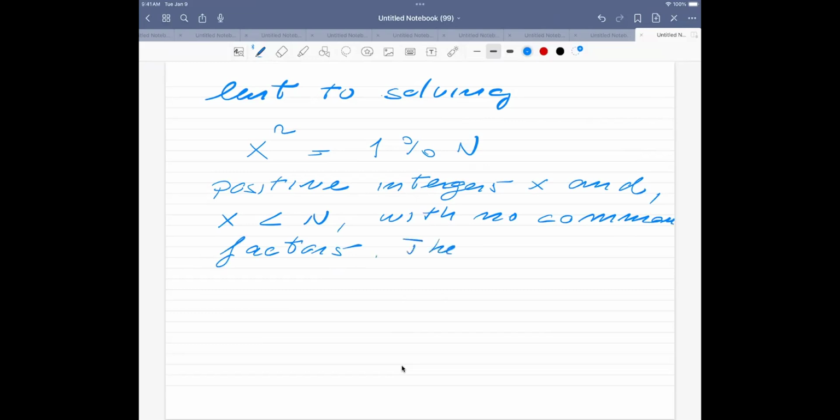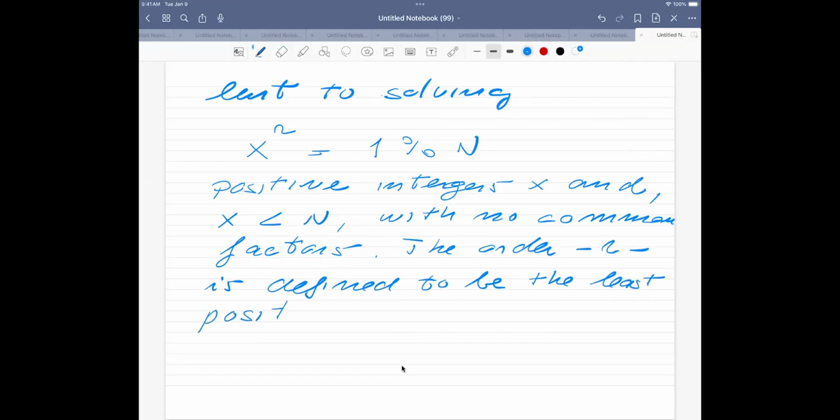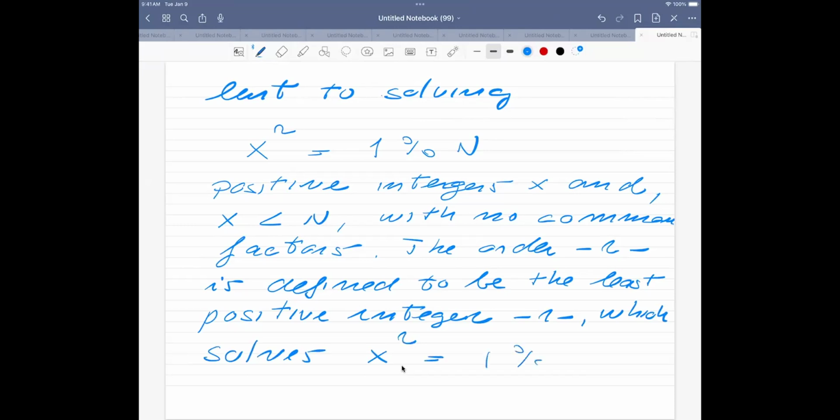So the order, and I'm coming back to what this is, the order r is defined to be the least positive integer r which solves x to the power of r equal 1 modulus n.